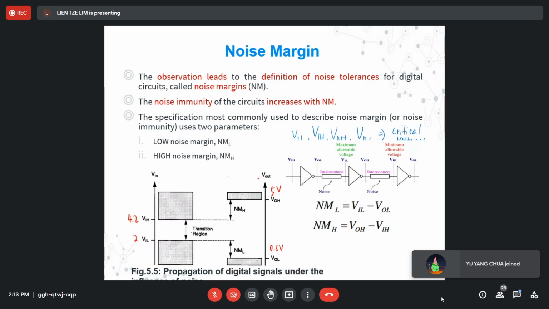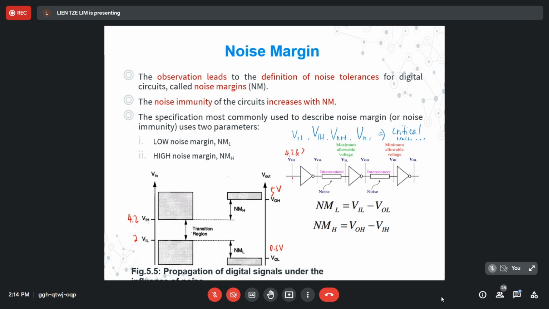In this diagram, the VIH value can be 4.2 and above. Here the VIH is the minimum voltage, 4.2 and above.